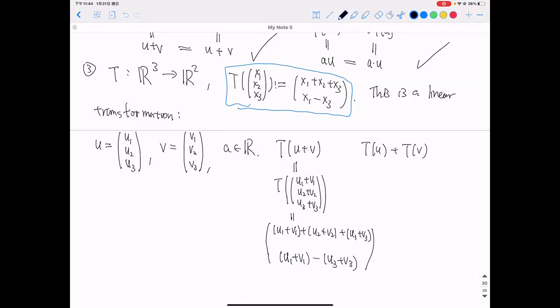Now T of U plus T of V is a bit easier to determine. T of U is U1 plus U2 plus U3, U1 minus U3.